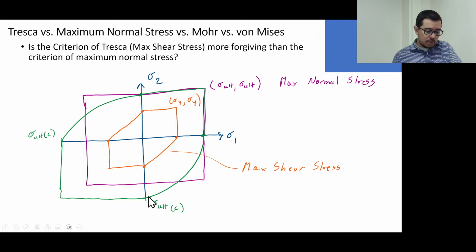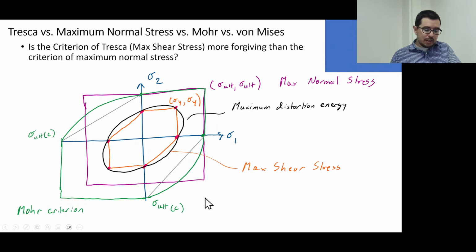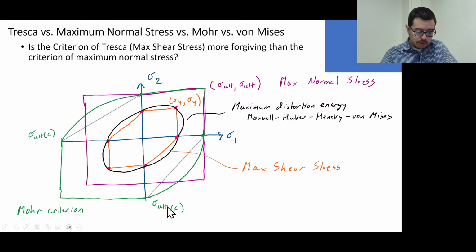So maybe it's a little bit unclear, but you could say that the Mohr criterion would be more permissive. It just depends. You wouldn't necessarily use it, though. It's usually used when the compressive strength and the tensile strength are different.